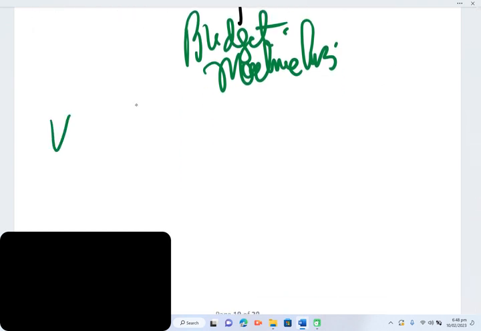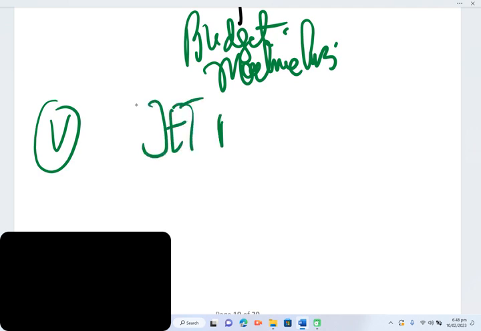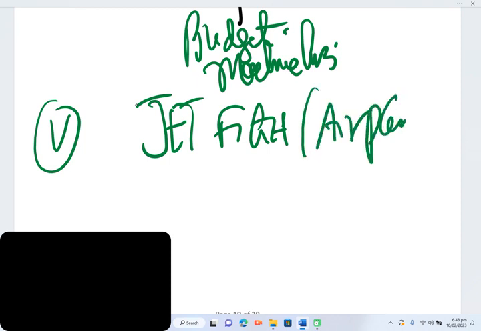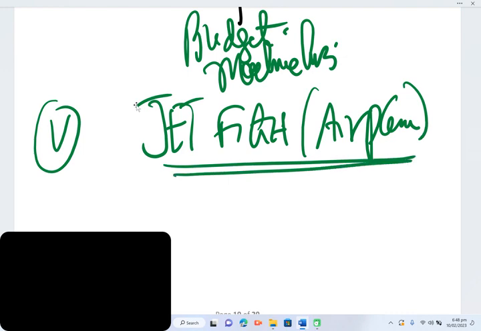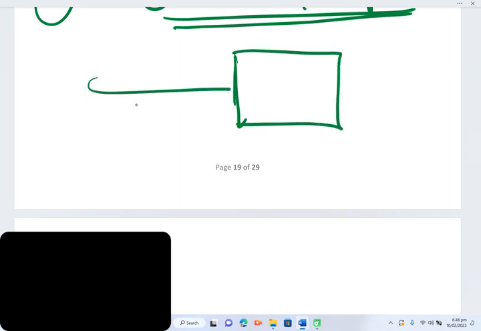So we have jet fighter, bombardier, airplane. Pale kwenye airplane engine kuna flight hours, kuna budgeted flight hours. Kila ndege ikiruka wanarekodi masaa.